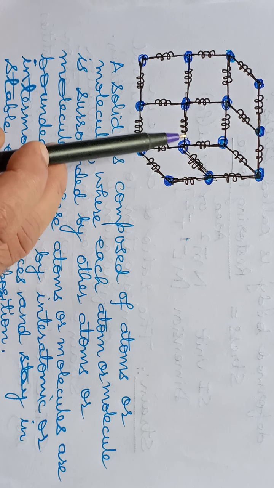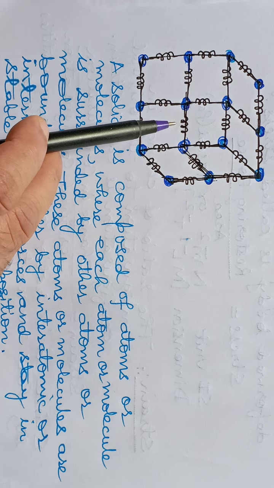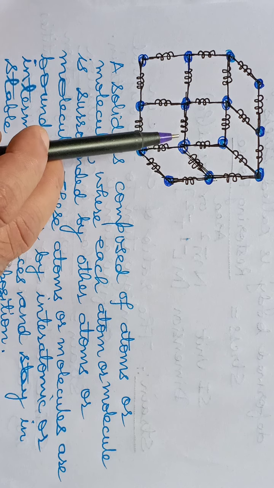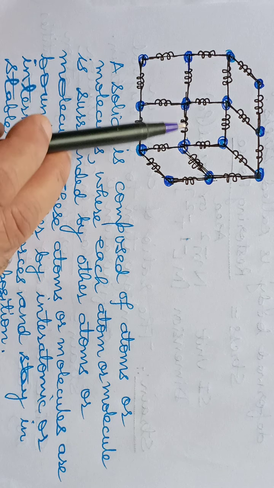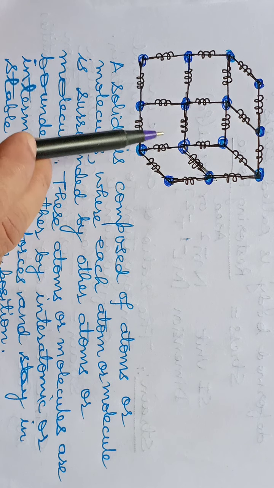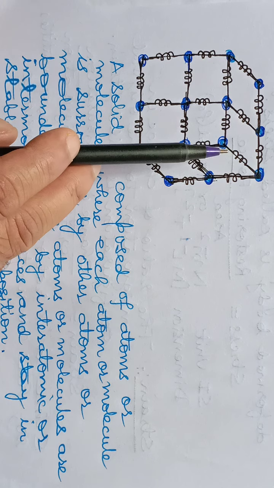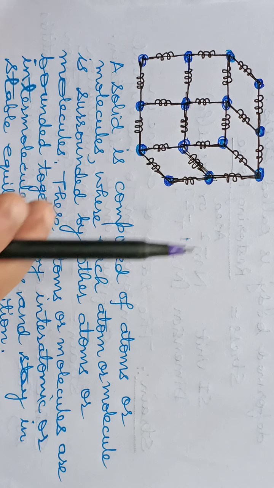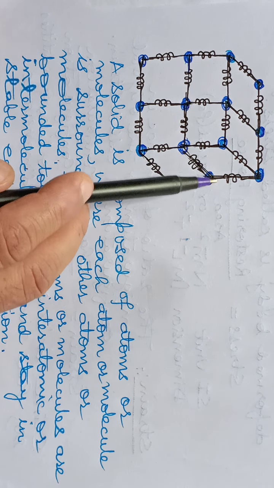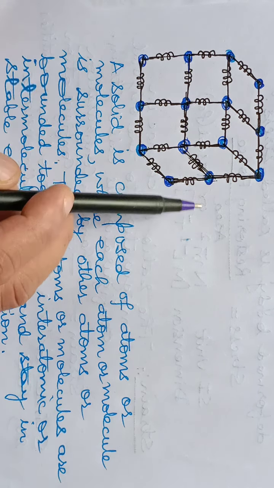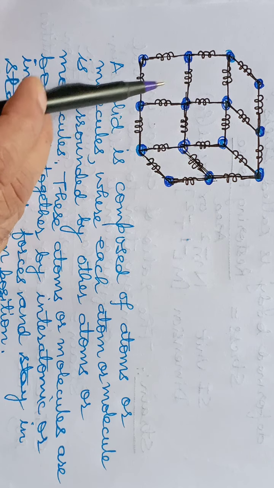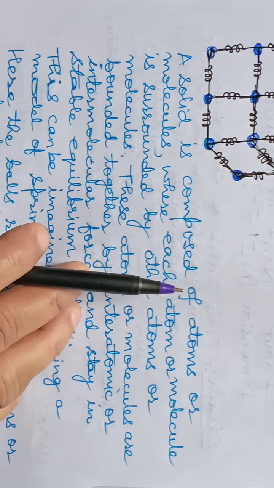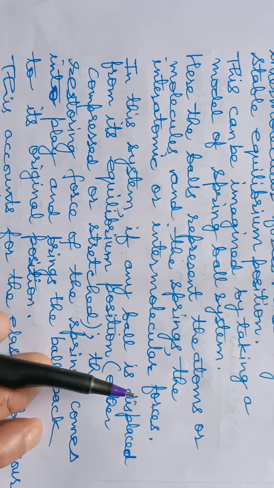Now, recall that we just discussed that these balls or the atoms will try to bring the system to its original configuration, and as soon as the deforming force, the stretching force outward, is removed, or the compression force is removed, the system will come into its original configuration.